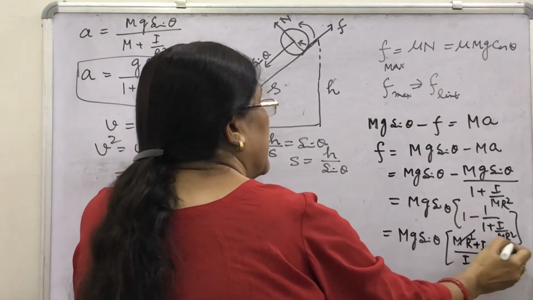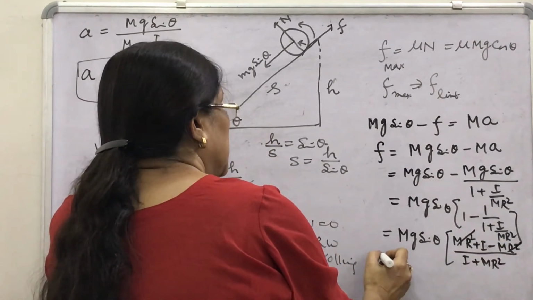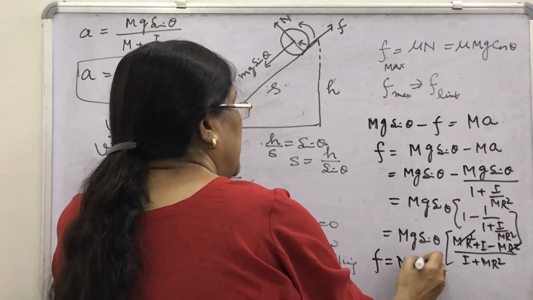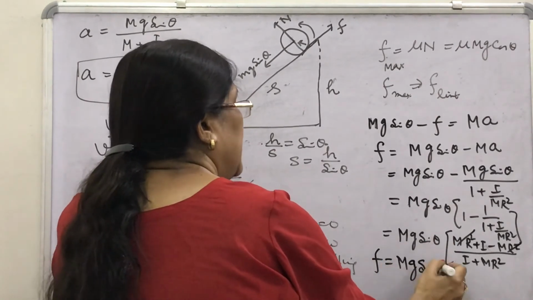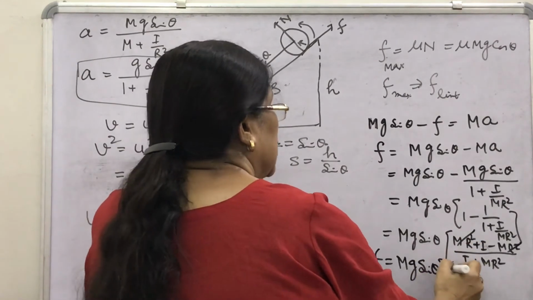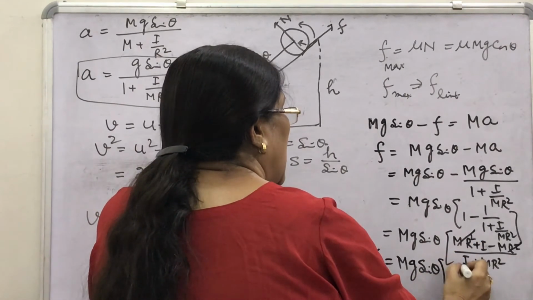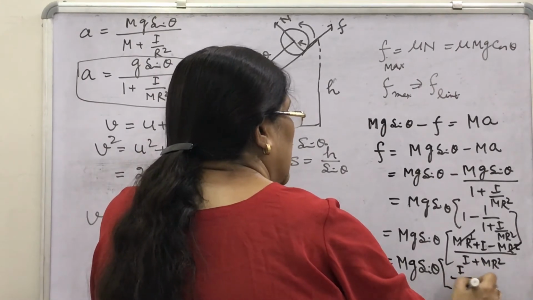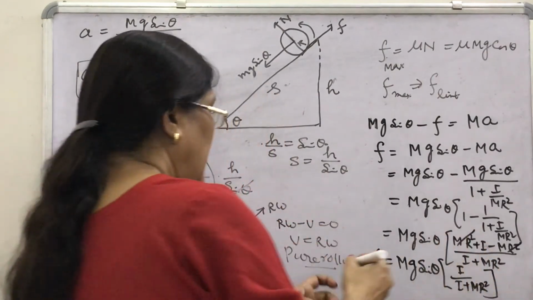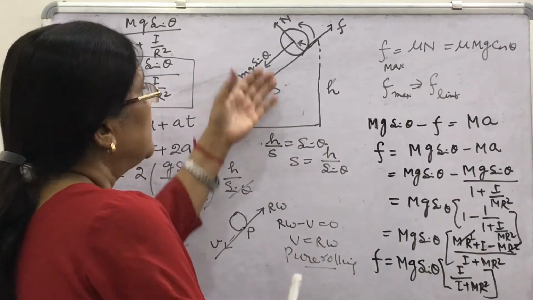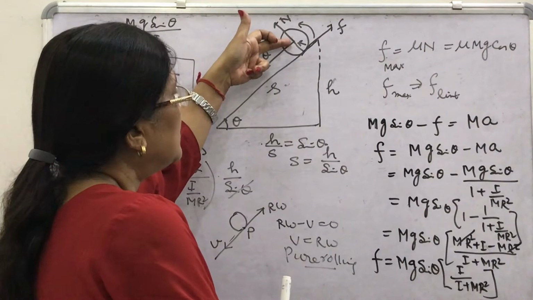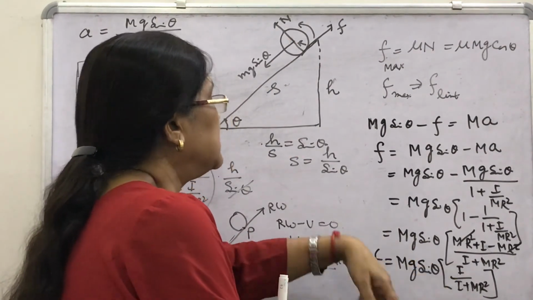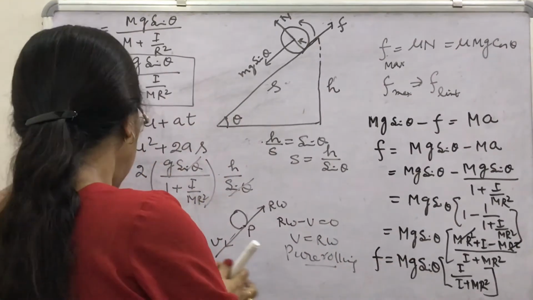So this mr square will be cancelled. So the static friction, or the friction required as per the value of inclination, is only mg sin theta into I upon I plus mr square. Learn this value also, and as per the object's value of I you will get the required friction for solid cylinder, hollow cylinder, sphere, whatever may be the object.